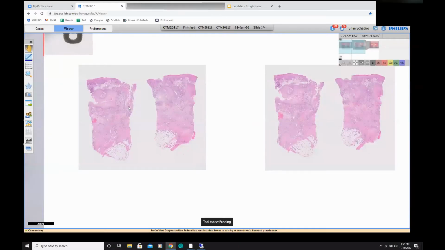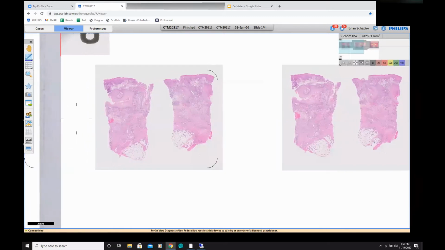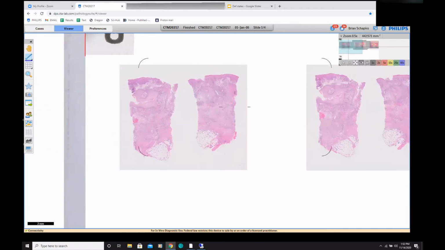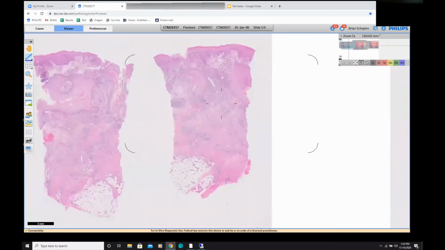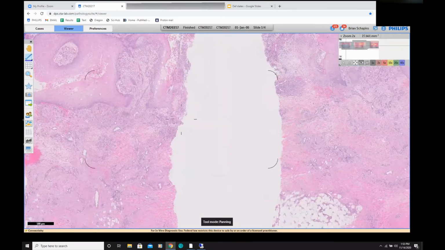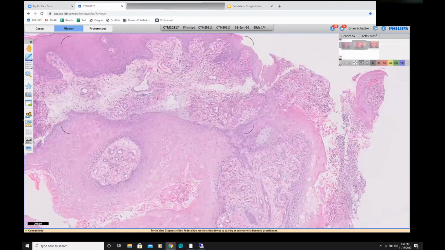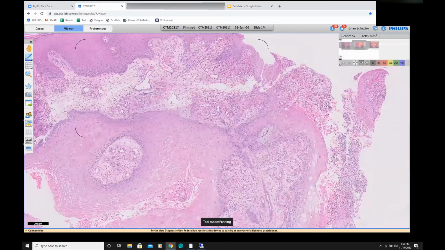So here we have another case which is a little later and more well developed. This case, again, a punch biopsy where you can see pseudoepitheliomatous hyperplasia with acanthosis. And you can see we are on the lower limb here because you've got glomeruloid neovascularization and the stasis changes.